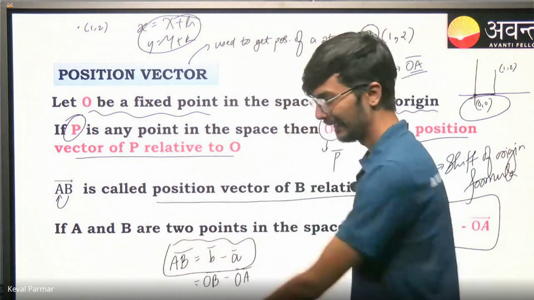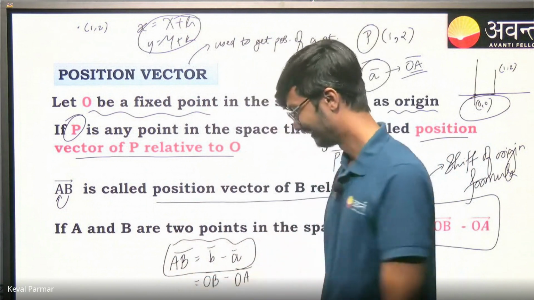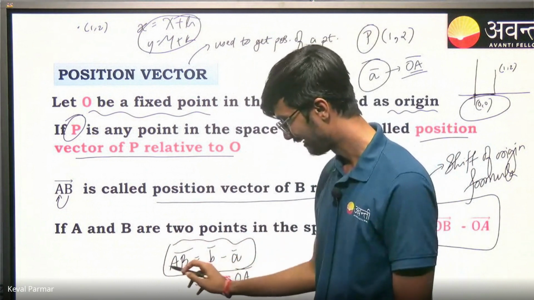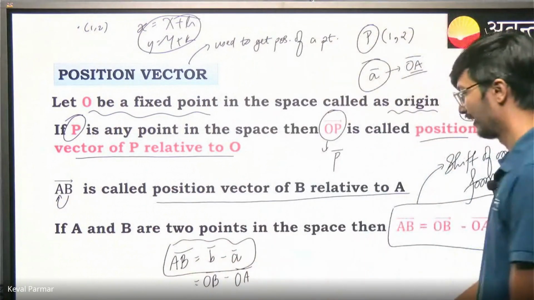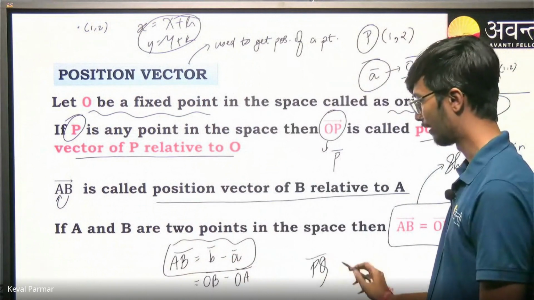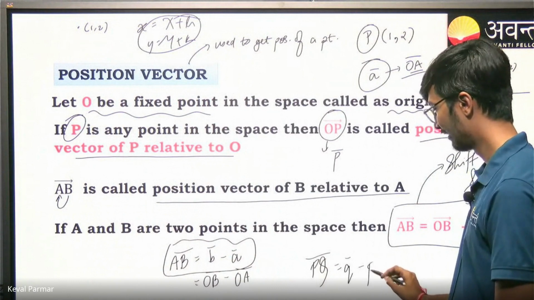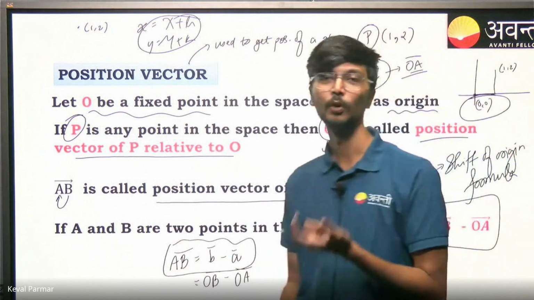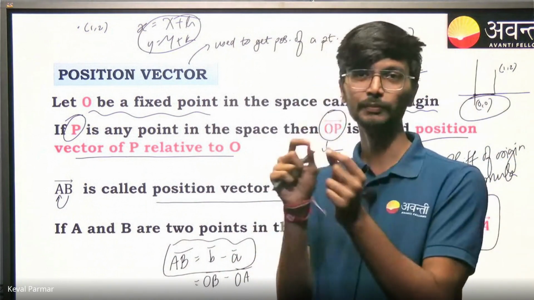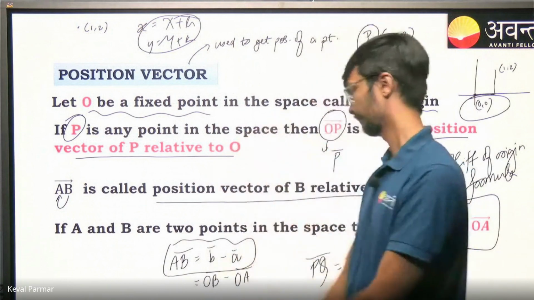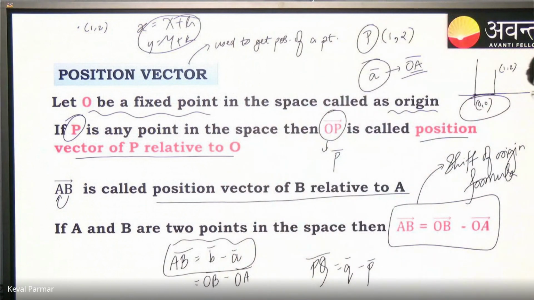Very simple. AB bar: final minus initial. Final point B bar minus initial point A bar. So if someone asks PQ bar, it is final point q bar minus p bar, small letters because small letters denote position with respect to origin. Got it? So it is a very simple formula.